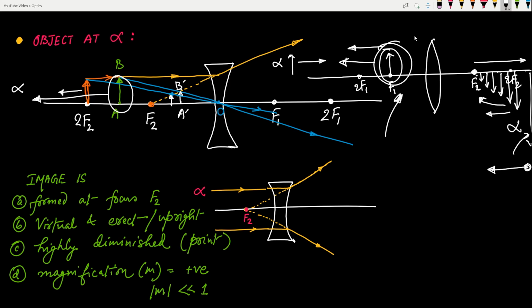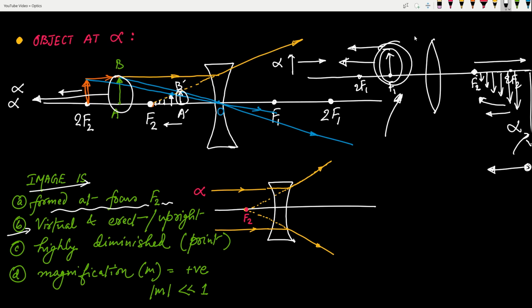Then this image moved towards the focus and it is becoming smaller and smaller and smaller, and when this object will reach infinity, then this image will become a point object. I hope the concept is clear. Therefore, if the object is at infinity, then the image is formed at f2.